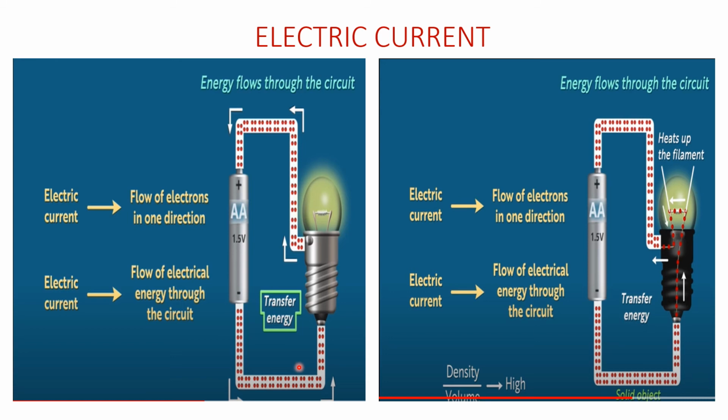So over here, the neighboring electrons are also pushed away. Then in turn, they transfer the energy to the next neighboring electrons. Thus, this process continues throughout the circuit till they reach the positive end of the cell, the positive terminal. Thus, children, electric current is the flow of electrons in one direction.